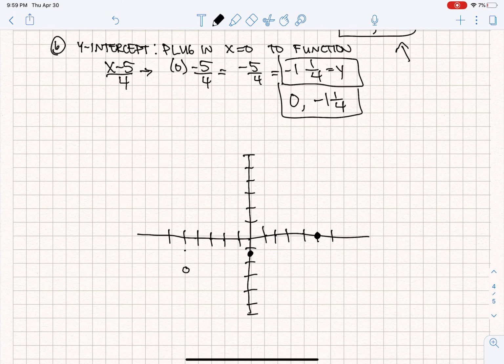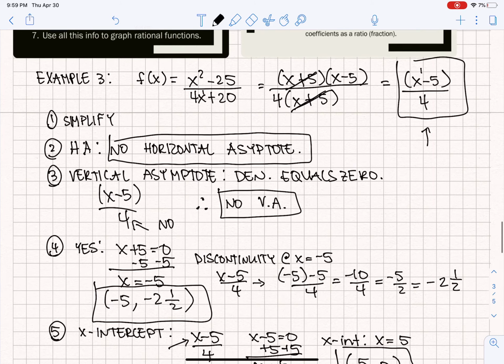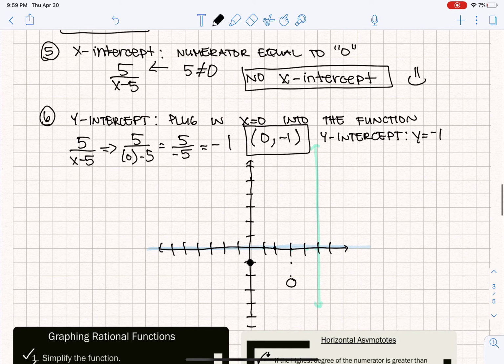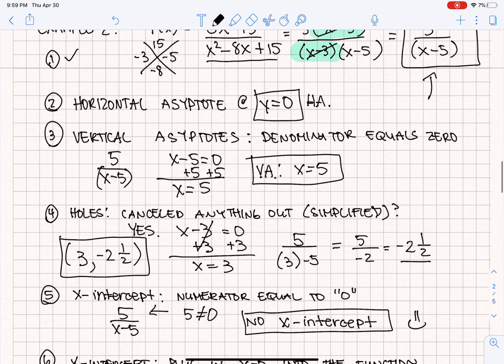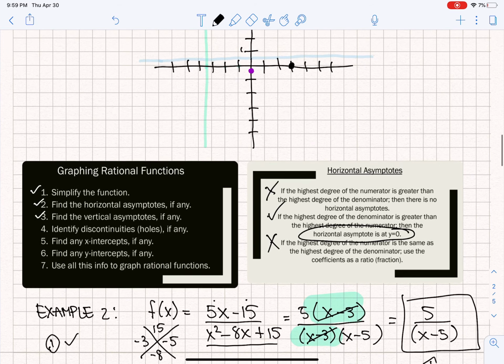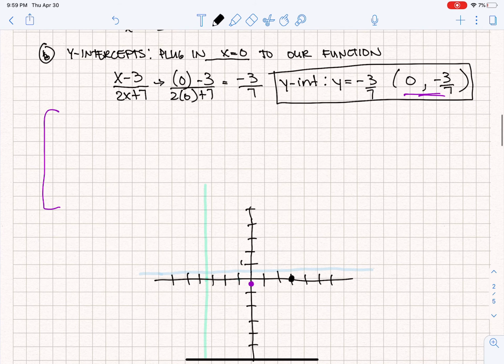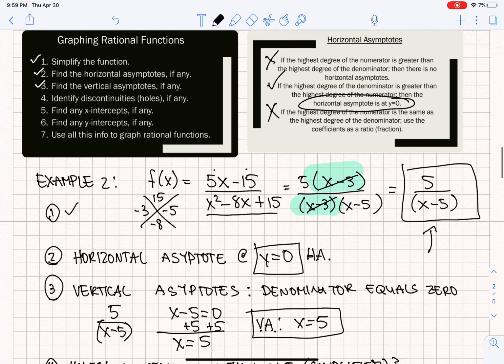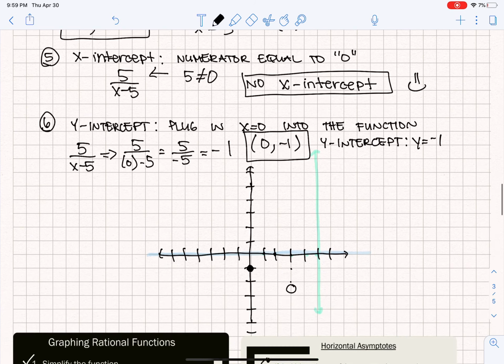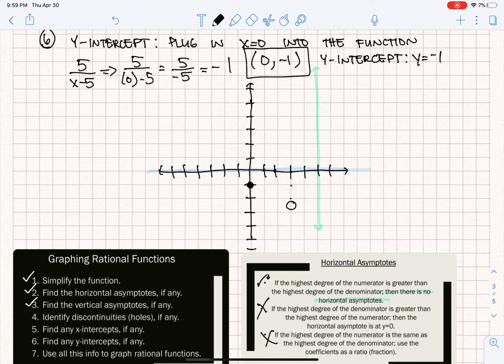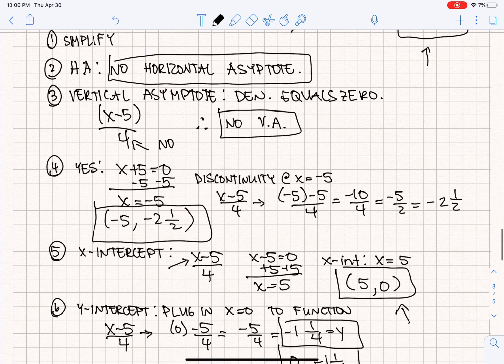All right, so far we have our kind of skeleton of each of our functions. So we found out where our asymptotes are, if we have any discontinuities, our y and our x-intercepts. Okay, next we gotta just fill in the rest. So we're gonna plug in points, and we're gonna give a rough estimate of what our function looks like.